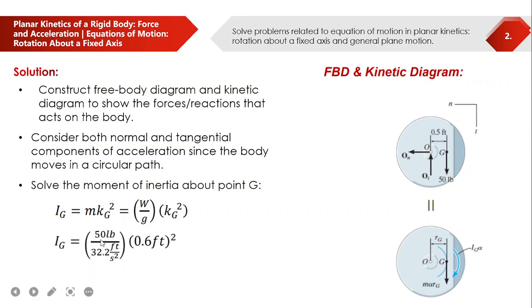Okay? So our weight is 50 pounds, our acceleration due to gravity is 32.2 feet per second squared, and our radius of gyration is 0.6 feet, squared. Therefore, our I sub G, or the moment of inertia at point G, is 0.559 slug feet squared.